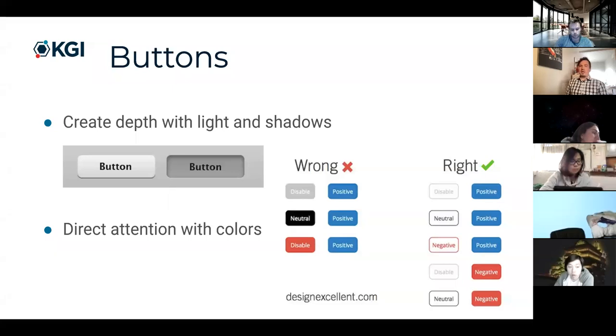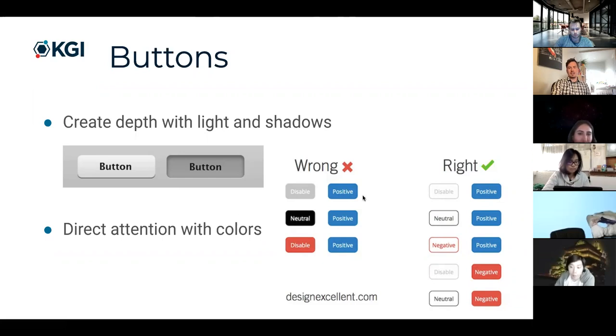So moving on to buttons, one nice thing to do with buttons is you can actually create depth using light and shadows. And these are all very built-in features that you can use when you're learning CSS, which is going to be the next type of coding that you're going to learn about through Codecademy. And then you can also direct attention using colors.